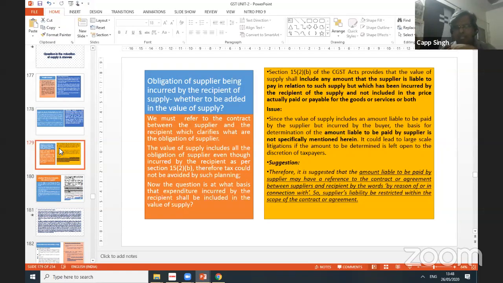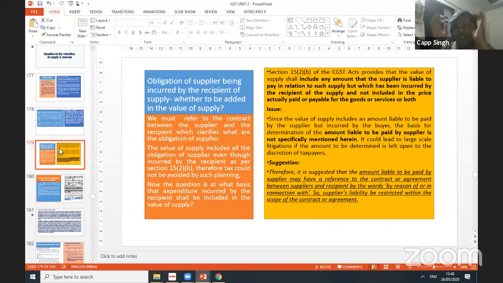Actually, it was the obligation of the recipient to pay tax, and those taxes were not being paid by the recipient. So on the instruction of the recipient, I have discharged the tax liability, and for that I have not charged any amount. So it will be covered as payment as a pure agent.